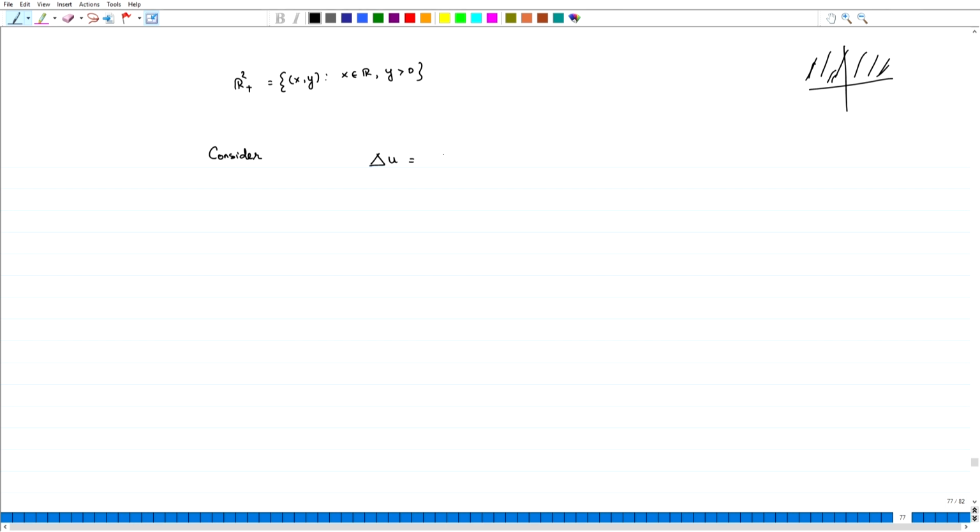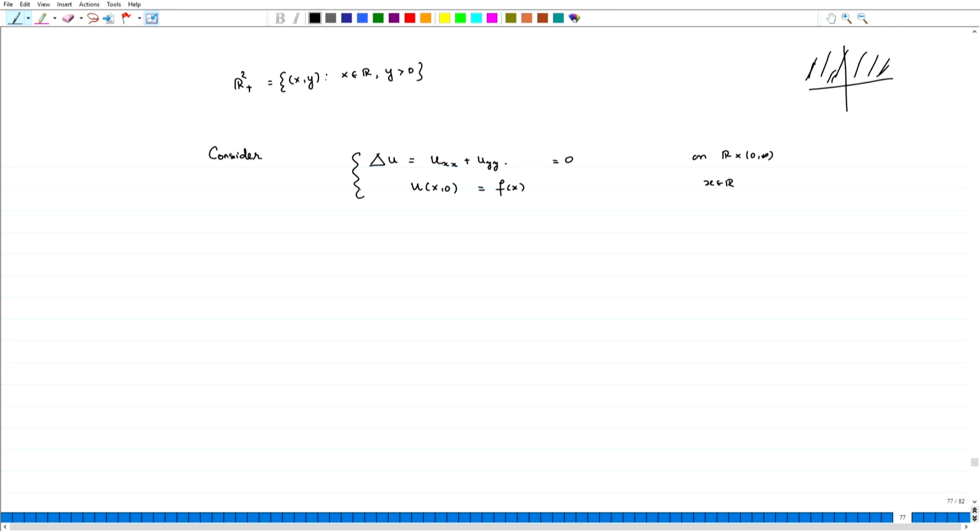Consider delta of u, which is defined to be u_xx plus u_yy. Now, we are looking at this equal to 0 on the upper half plane, and u(x,0) equal to f(x).